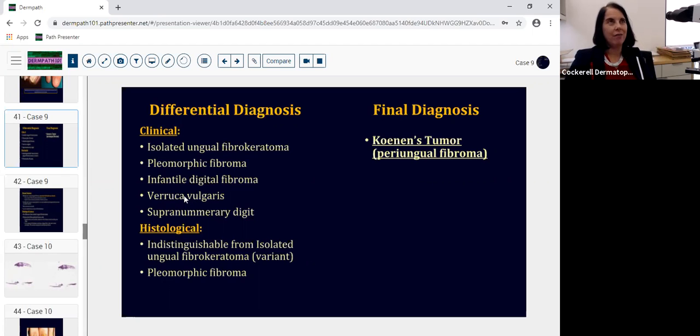And also you have the area in the dermis, which is why this isn't just a wart. And the supernumerary digit, well, we don't see any nerve, so we're not thinking about an accessory digit. Histologically, it's indistinguishable from an isolated ungual fibrokeratoma variant. And pleomorphic fibroma, you want to see more pleomorphism of those cells in the dermis.